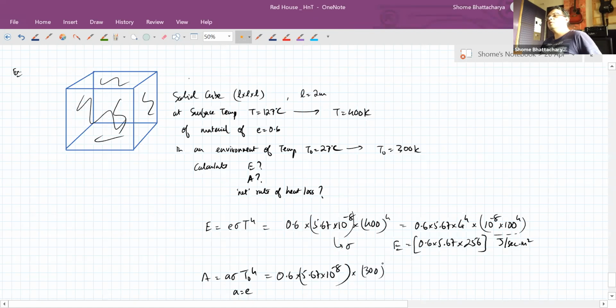So, 300 to the power 4. So, absorptive power will become 0.6 into 5.67 into 3 to the power 4. That is 81. Joules per second per meter square, or watts per meter square.